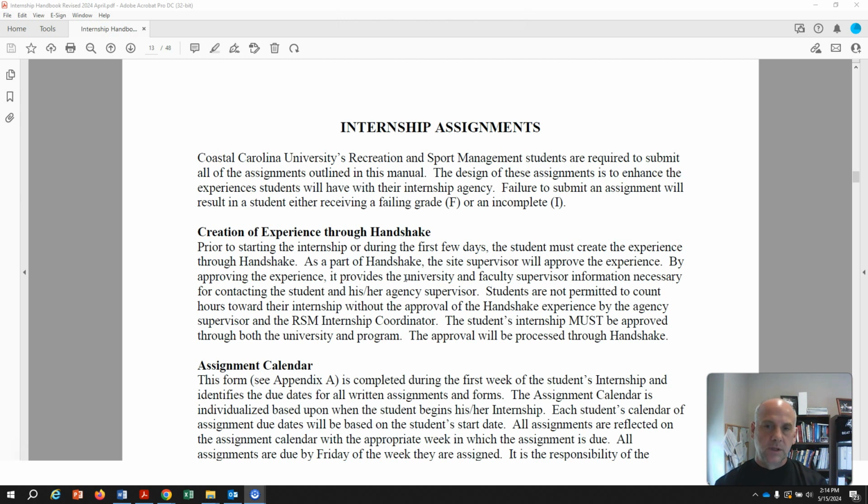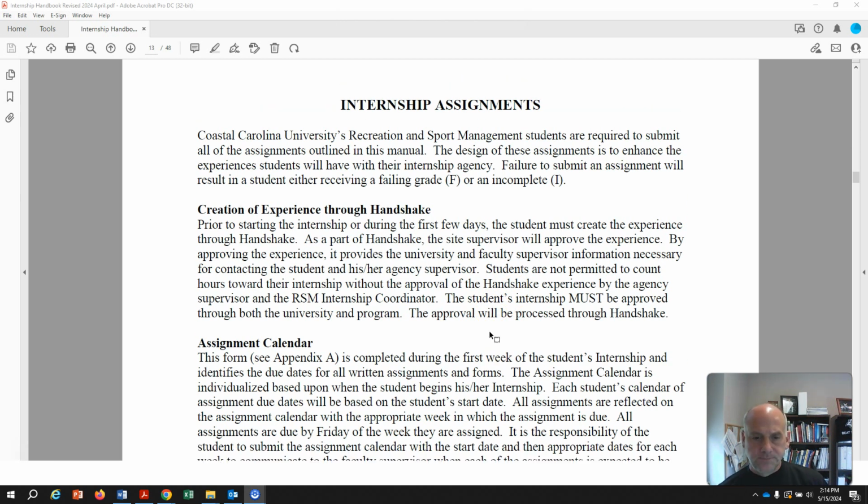One of the challenging parts is to make sure that your site supervisor sees the emails that come from handshake, because sometimes they get dumped into the junk mail or the spam. But the handshake is important, and it's mandatory that you get in there and do that. And you get points towards your grade for creating it and getting it approved.